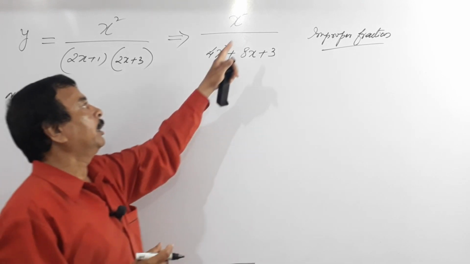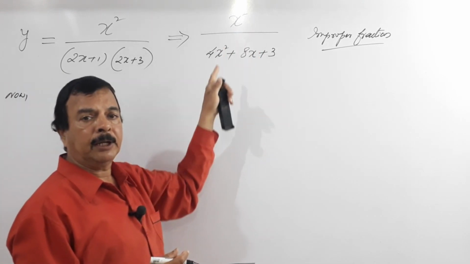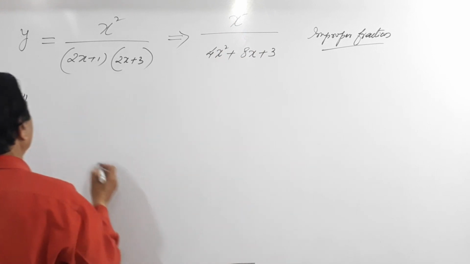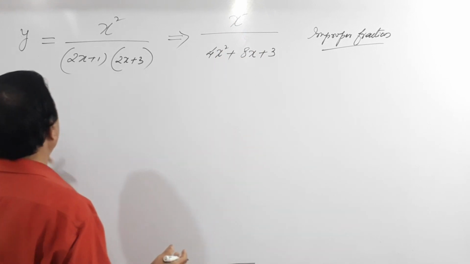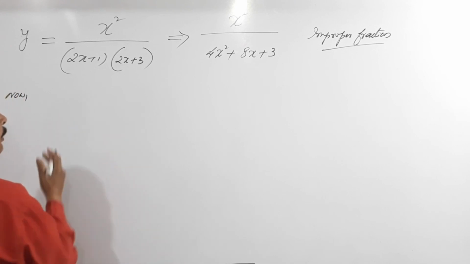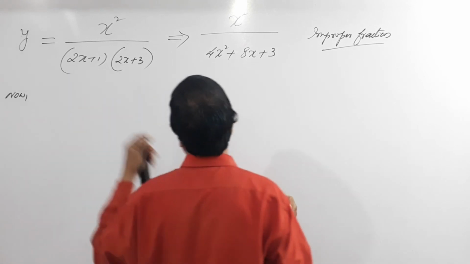Now I'll divide the numerator by the denominator. I should have done it here, but anyway, it's important, so this problem I'll do it here so that I can use that step.